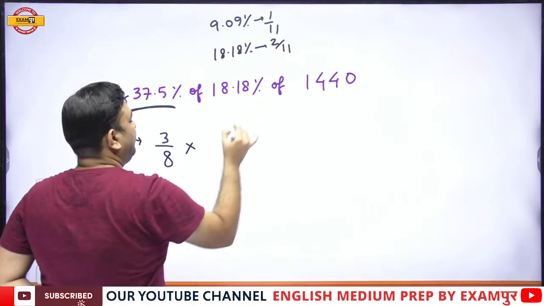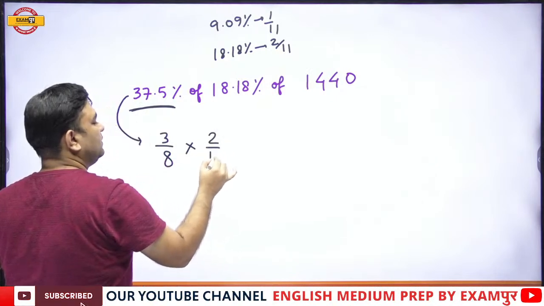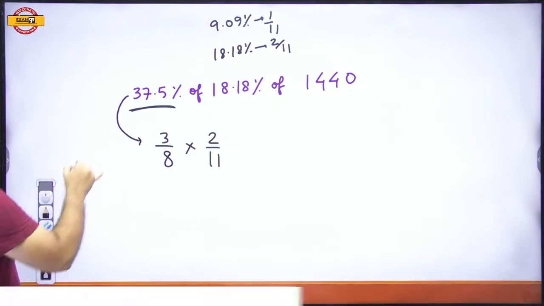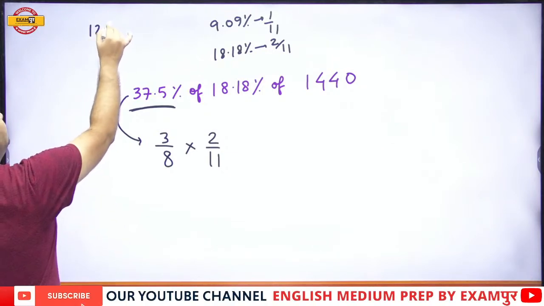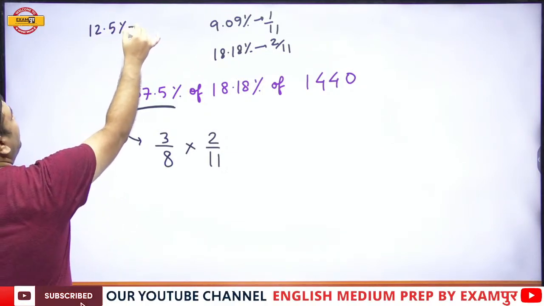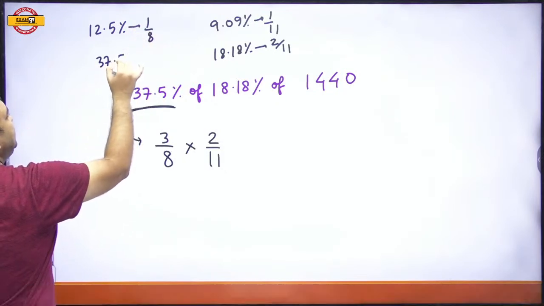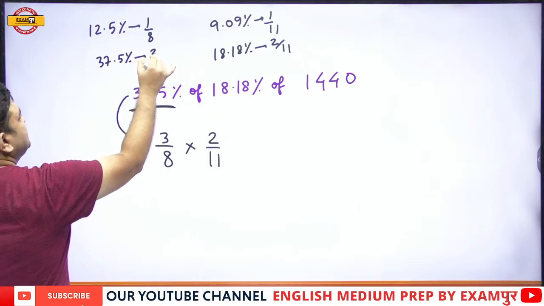Double. 12.5% is 1 by 8, so 37.5% is 3 by 8.